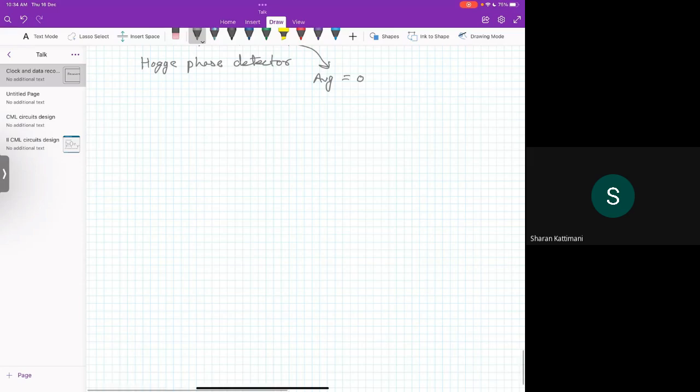Correct. So this is done using a loop, and this loop is very similar to a phase locked loop.